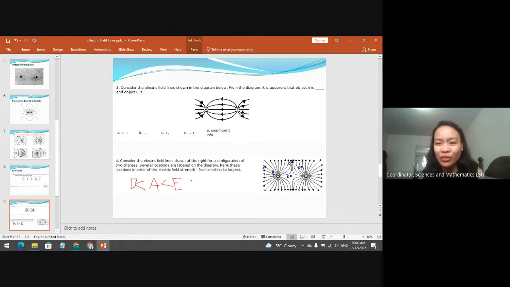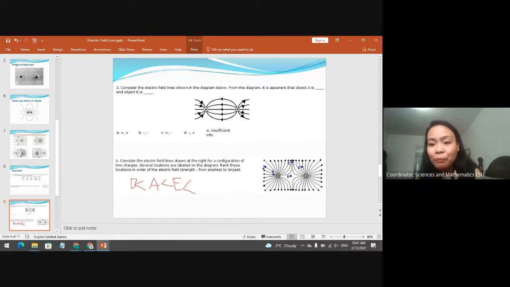Now, what are left are points B and C. For points B and C, we can determine the strength again by where the field lines are more concentrated. For point C, there are only two field lines that are really close to each other.